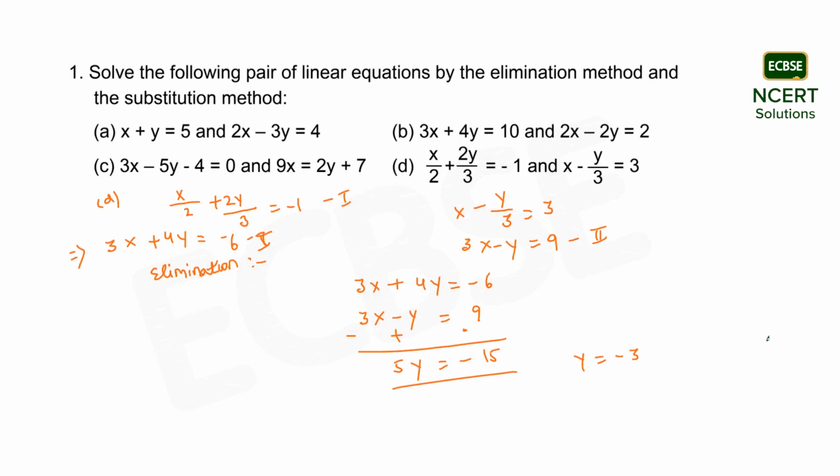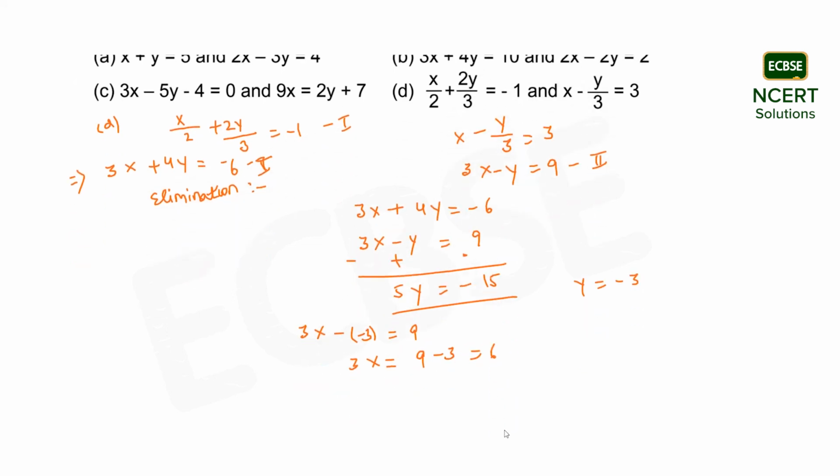Right. Now substitute this value of y in any of the equations, either first or second, the choice is yours. Let me substitute this value in the second equation. It will be 3x minus 3 is equal to 9, or 3x is equal to 9 minus 3, which comes out to be equal to 6.